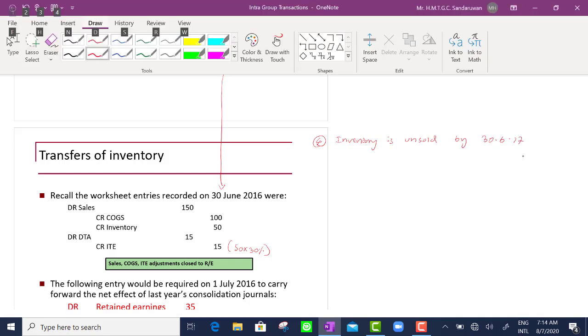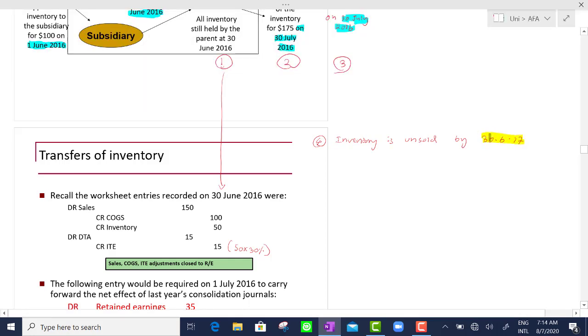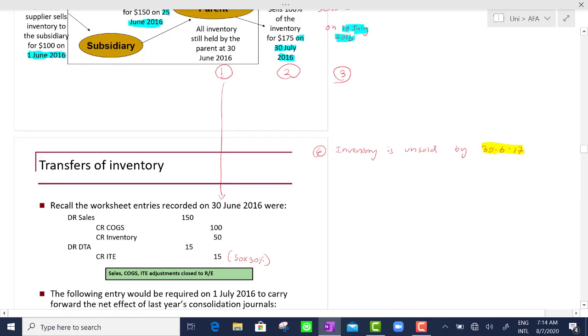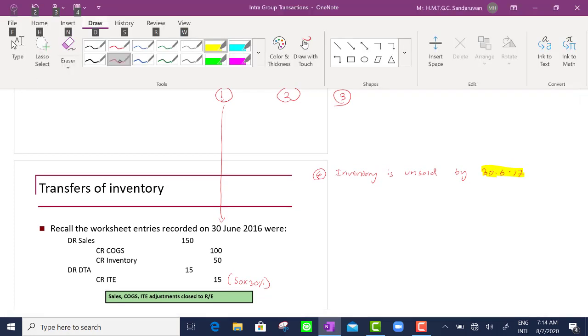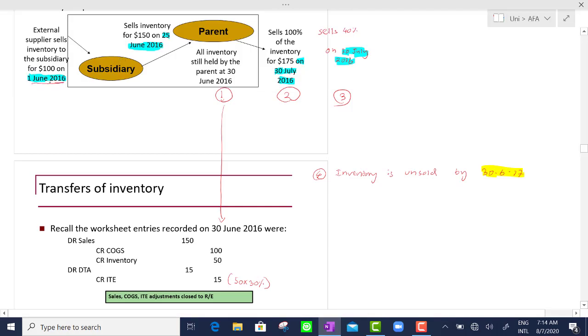That is very important. Now remember, let me take it here. Inventory purchase kale 2016, right? Inventory purchase kale 2016. Intercompany sales une 2016, right? But we prepare consolidated financial statements for year 2017, right?